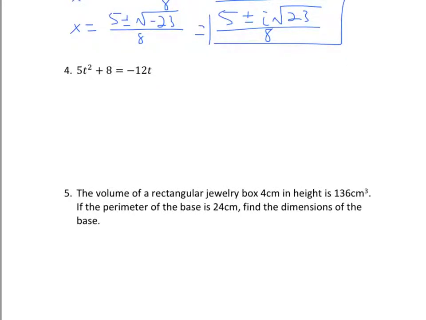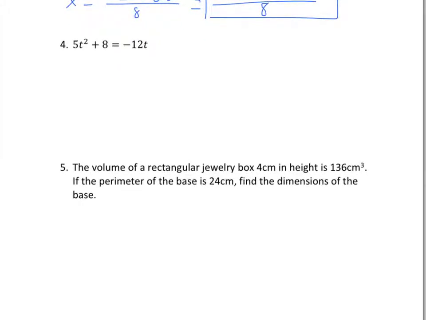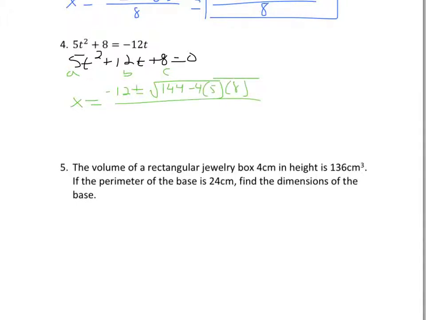All right, now number 4 here, all that's different is we have to manipulate this equation really quickly to make it look like ax squared plus bx plus c, so 5t squared plus 12t plus 8 equals 0. Okay, now we're to a place where we can try to factor. The factoring here is definitely not going to work, so we can just go straight to the quadratic formula. Okay, we've got an a and a b and a c. So we've got x equals negative b plus or minus the square root of 144 minus 4 times a times c all over 2 times a.